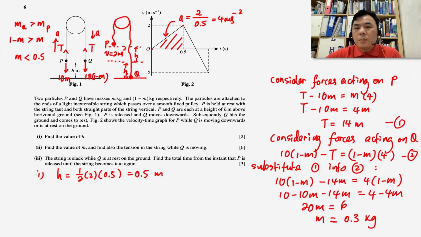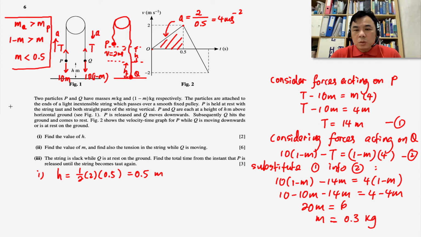So if we want to check back whether the mass that we have obtained is logically correct, then we will come back to the same conditions that we have set before this here to see whether the M does make sense. Yes, it does, because the mass has to be less than 0.5 kg, and we did get a value of M which is 0.3 kg, right?